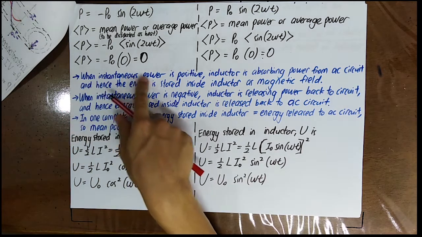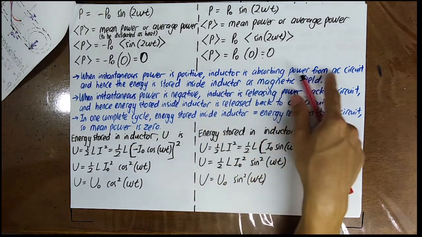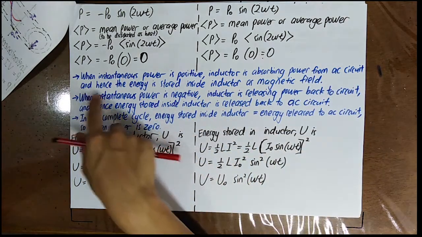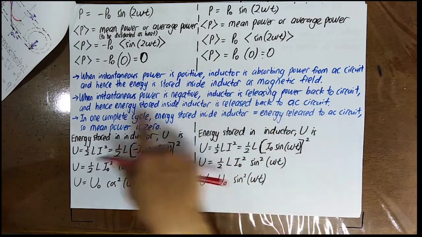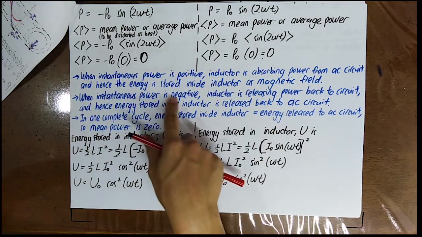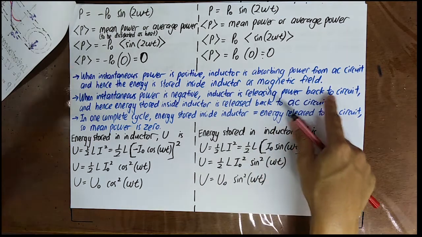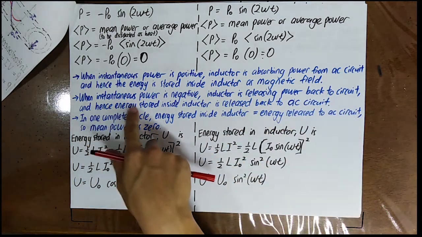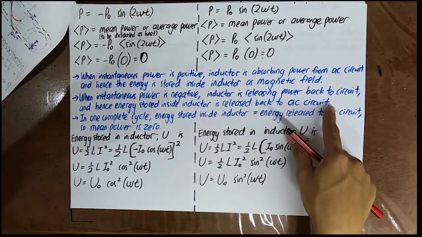Because when the instantaneous power is positive, the inductor is absorbing the power from the alternating current circuit, and then the energy is stored inside the inductor as magnetic field. But when the instantaneous power becomes negative, the inductor is releasing the power back to the circuit, and hence all the energy stored just now is released back to the alternating current circuit.